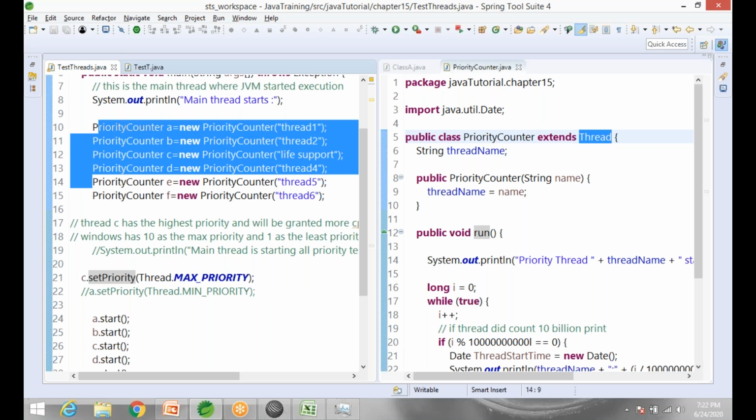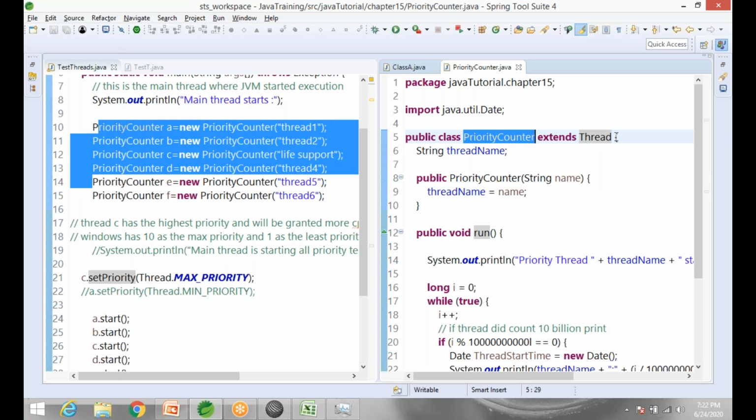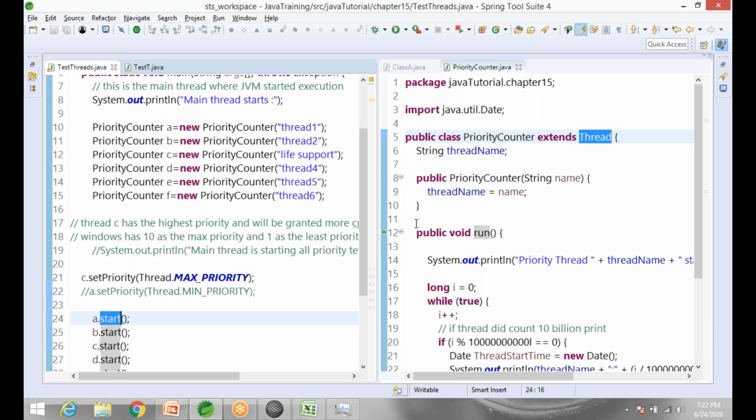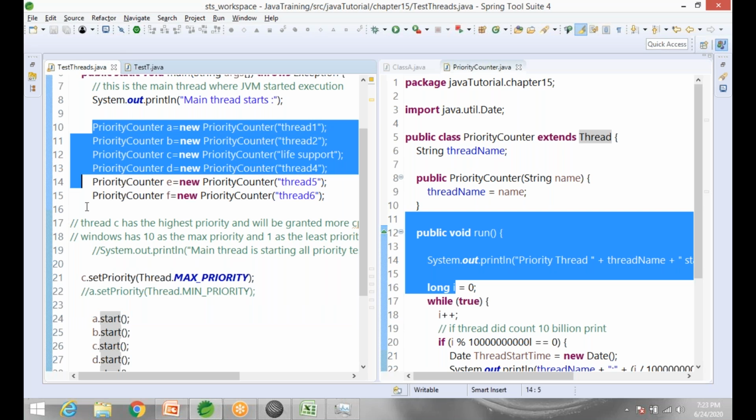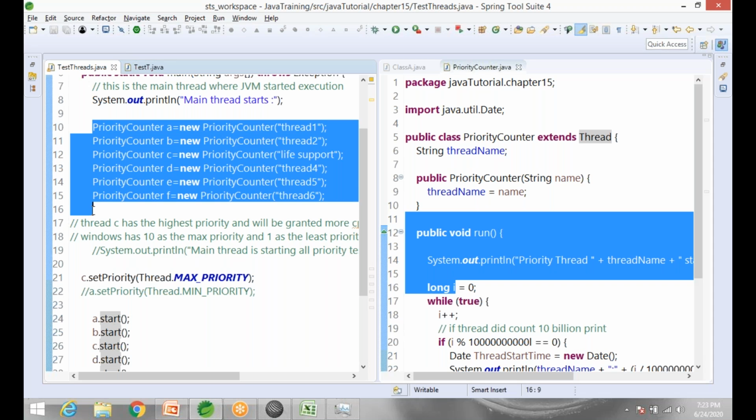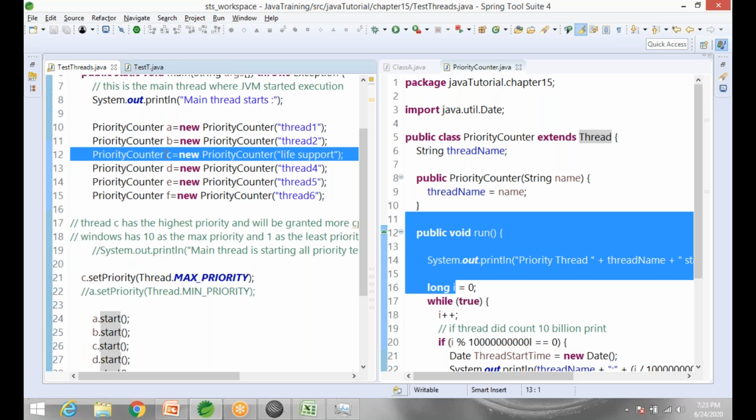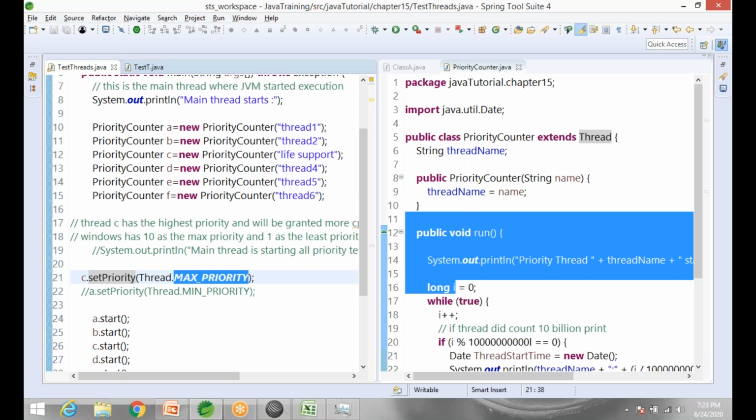This is how you can create objects. You have to create the object of the thread program and call the start method to begin this thread or program in a parallel thread. If you're running multiple threads and there is a lot of competition for the CPU, you can decide which program gets more preference by just saying set priority max.